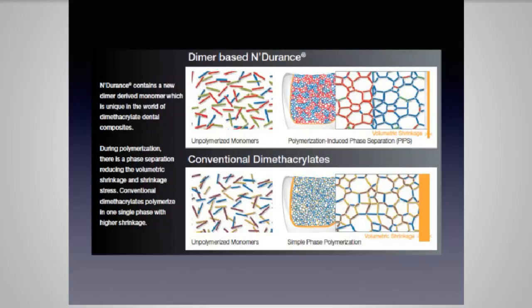With Endurance, because of the unique dimer technology resin factor, this polymerization occurs in a phase separation manner, which reduces significantly the volumetric shrinkage and the shrinkage stress. This is really very smart technology. So in and of itself, this material will help to reduce some of the challenges that we are facing with our composite curing mechanisms. So this has been very, very useful in my office.